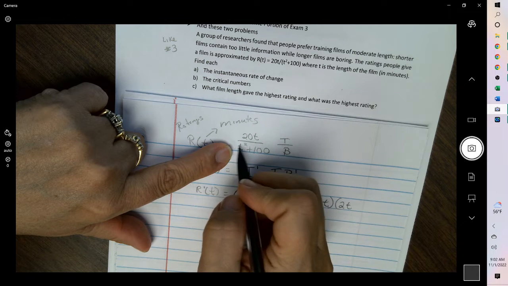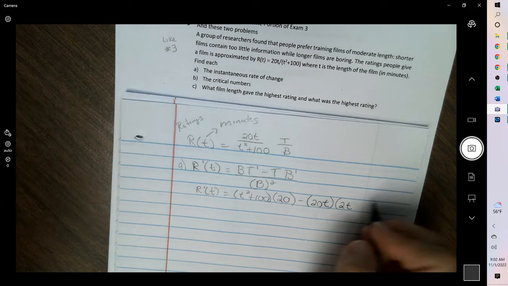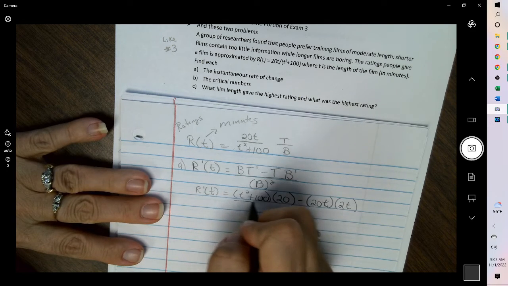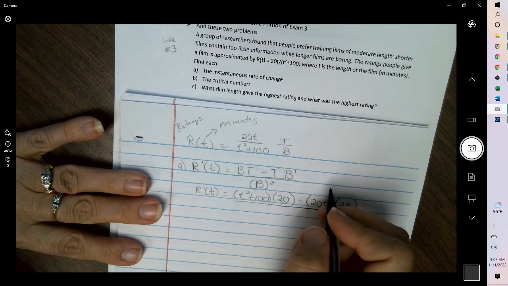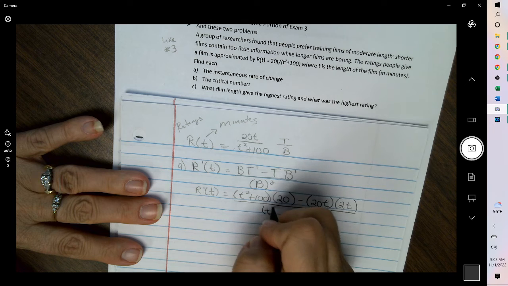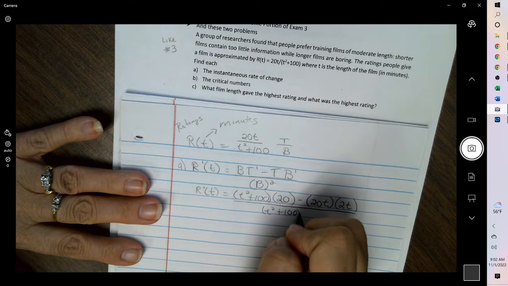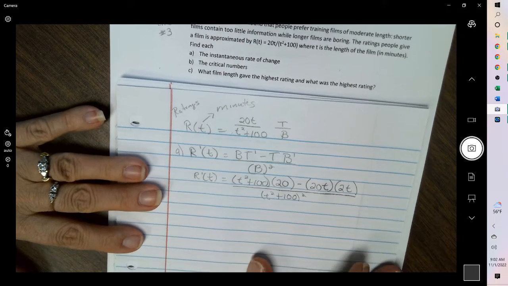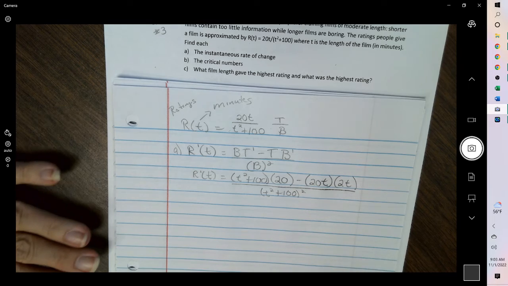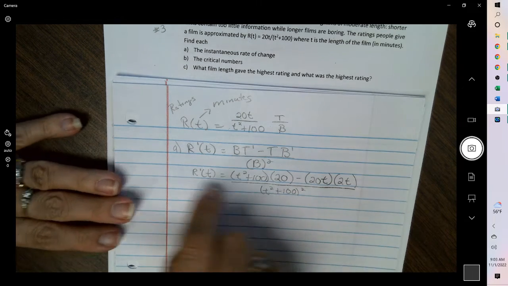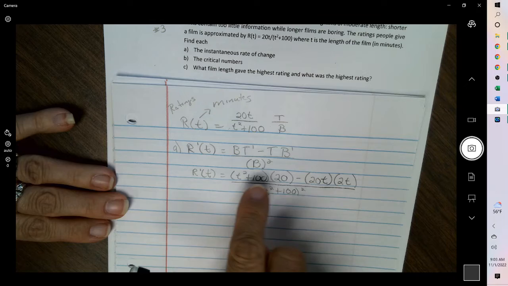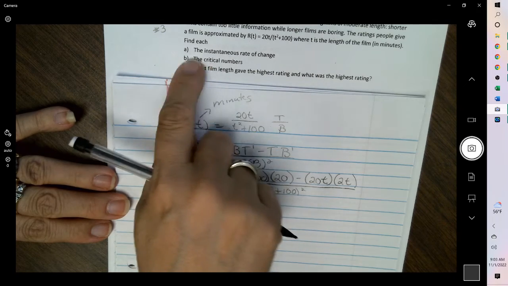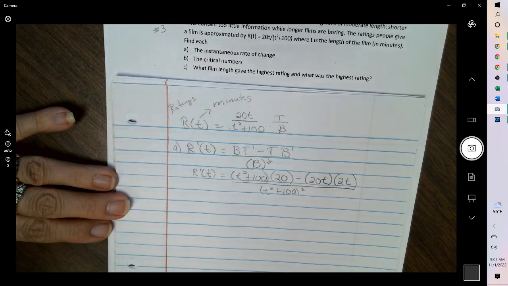Remember, multiply and subtract 1, and 100 goes to 0. All over the bottom squared. Now, when you're taking derivatives, you don't have to simplify them for just the derivative part, but since this one next wants critical numbers, we need to simplify.